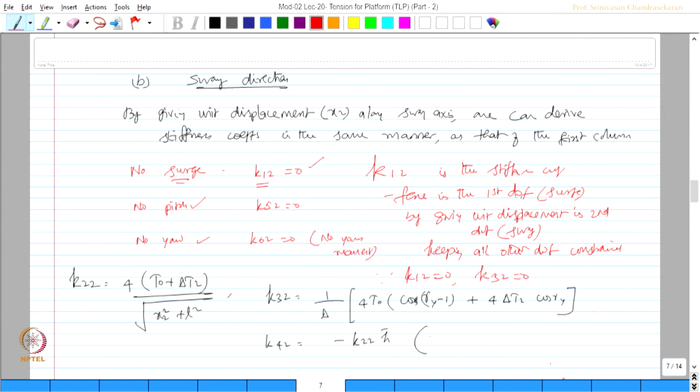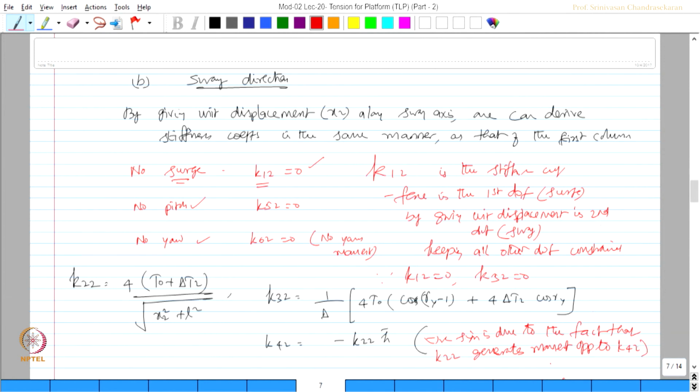Now, one can write negative sign is due to the fact that K22 generates moment opposite to K42.